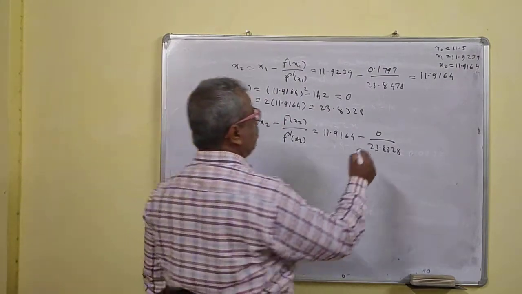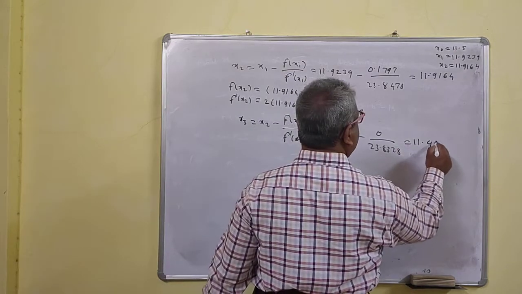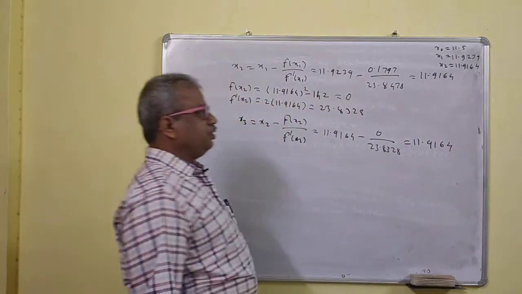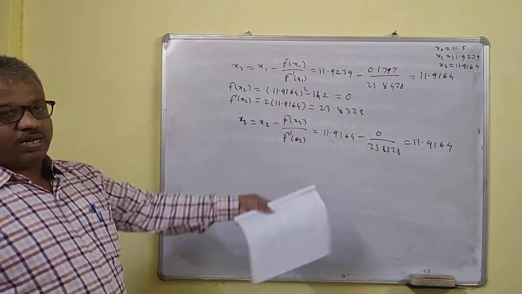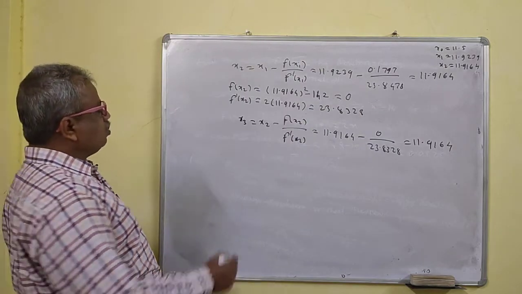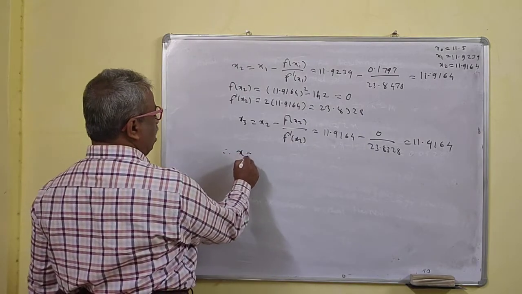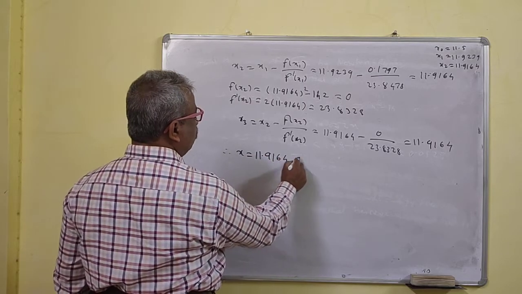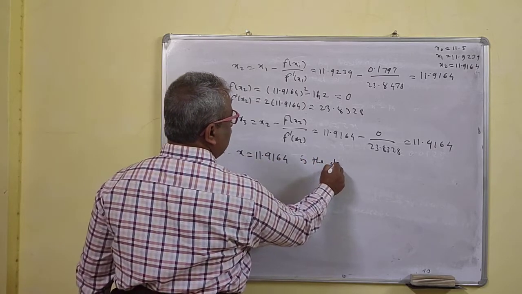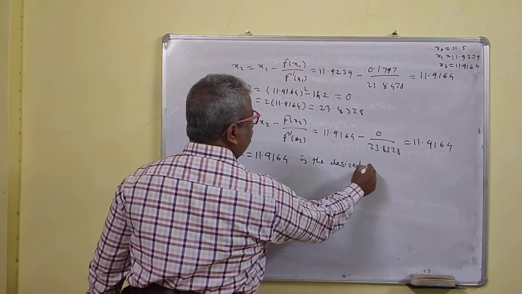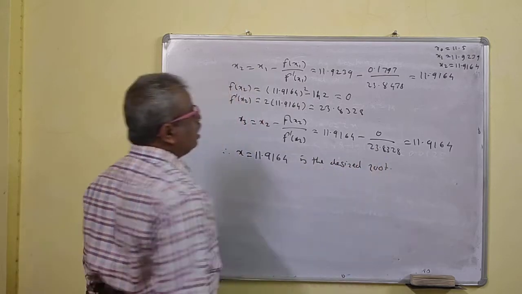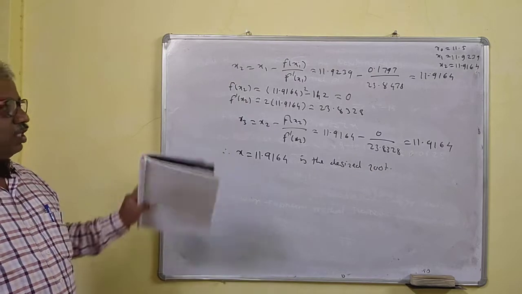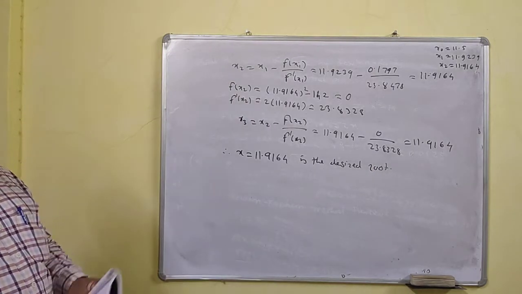So this will be 11.9164. Now see, we get correct up to 4 decimal places. So this will be the desired root. Therefore, x equal to 11.9164 is the desired root.